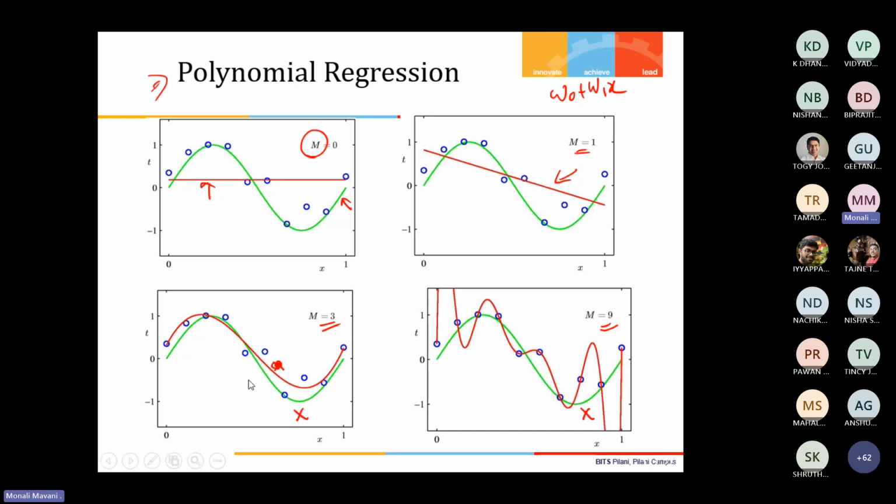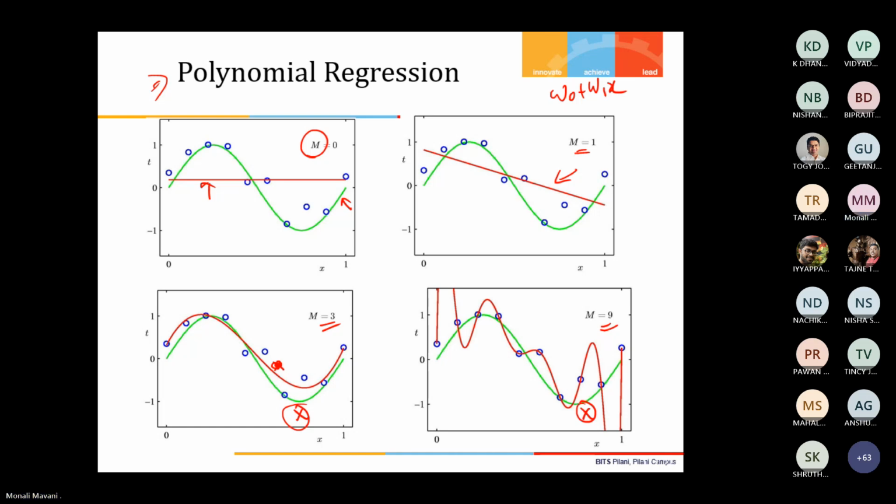Blues are the train data points with which we train the model. So say we have these two models, m equal to 3 and m equal to 9: a mathematical expression with a degree 3 polynomial and one with a degree 9 polynomial. Training is done. Now I'm comparing the two models using the test data point. Which one will give me the higher error among these two?